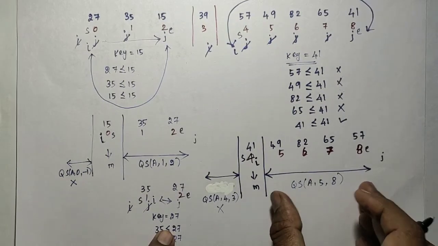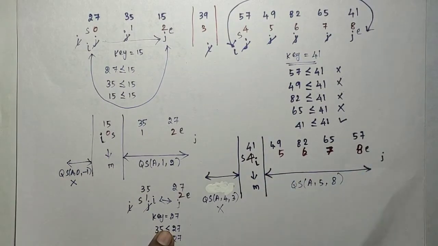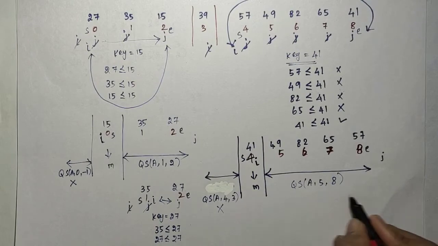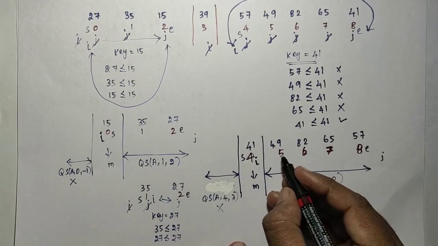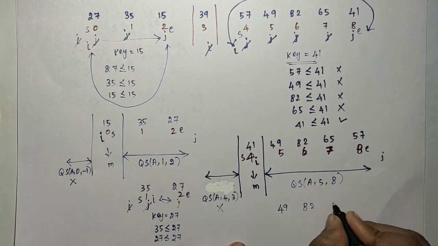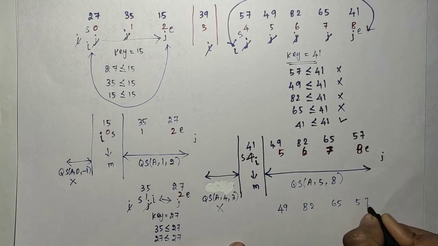So the quick sort will be applied for these elements. Correct. So now here it will not do anything. Now we need to discuss here. I have to write the 49 and 82 and 65 and 57 alone.